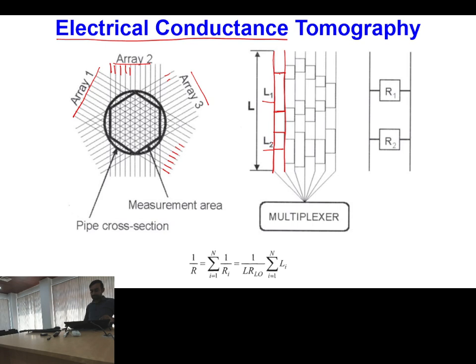Ultimately, if you see the complete structure, the overall resistance of the complete structure will be nothing but the summation of 1 by Ri, with i varying from 1 to n. This is the resistance between the two wires. Between the two wires there can be contact of liquid at multiple points. Say if you have a bubbly flow situation, one bubble is here, another bubble is here, a third bubble is here, a fourth bubble is here.